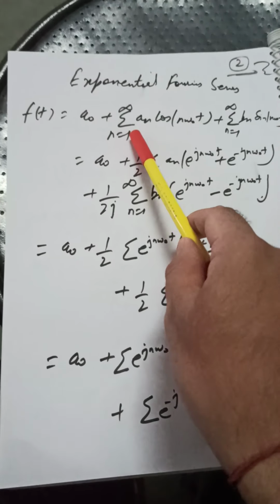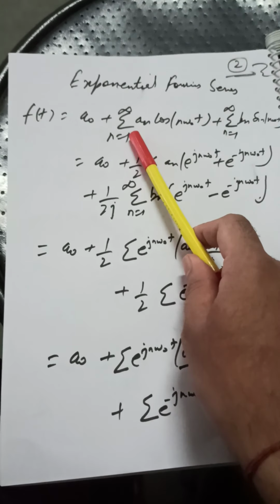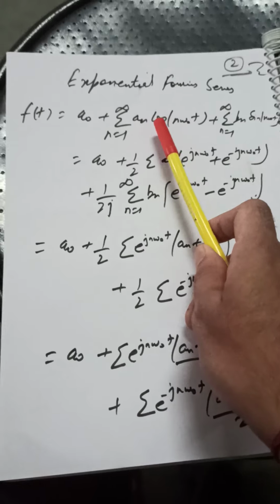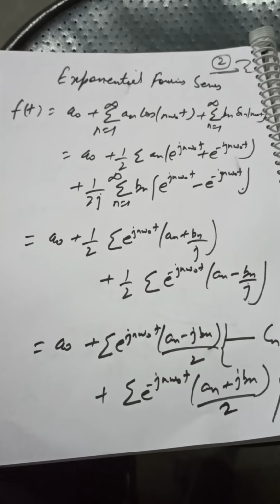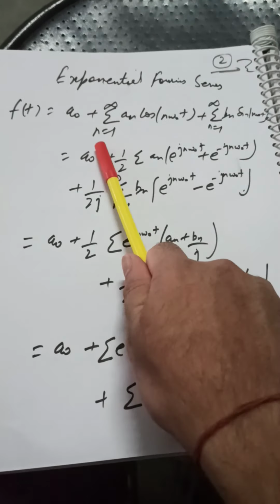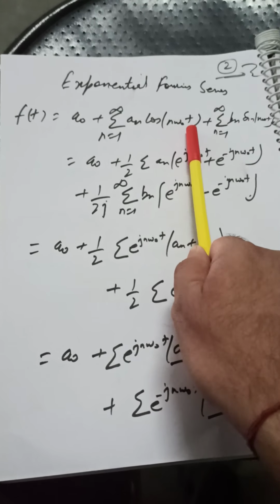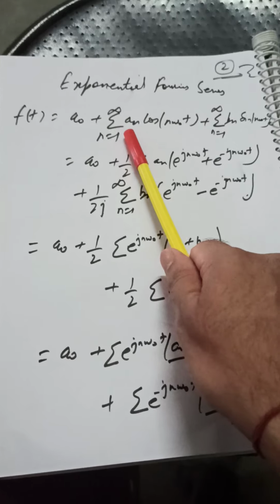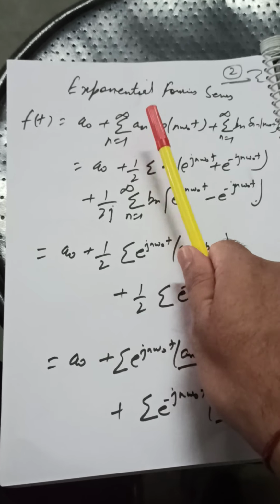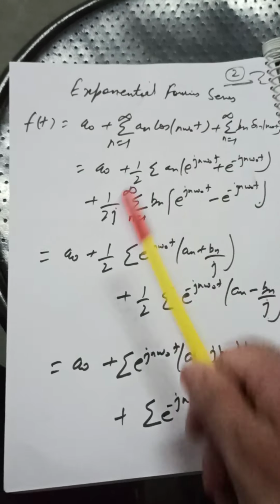Upon varying this n, it is quite easy to visualize that we will get different values of a n. For example, if n is 1, then this term becomes a1 cosine of omega naught t. If n equals 2, then it becomes a2 cosine of 2 omega naught t.